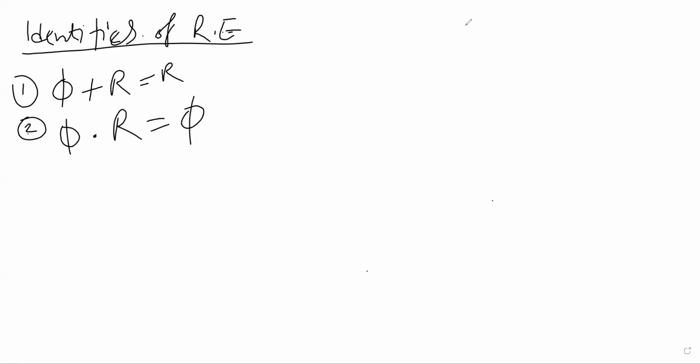Phi concatenated with any regular expression is phi only. It is like zero. If you multiply anything with zero, it becomes zero. If you add zero to anything, it will not affect anything. Do you understand the meaning of phi, right? This is the meaning of phi.